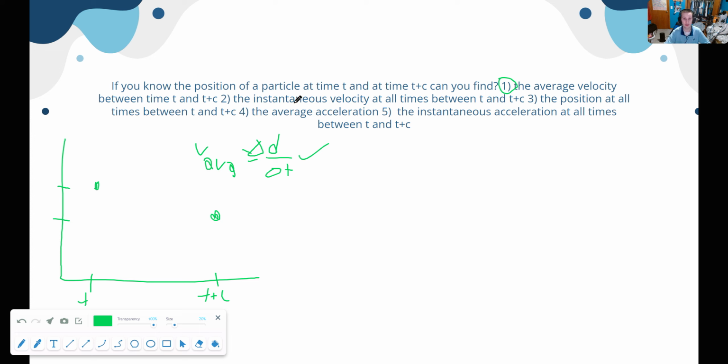The instantaneous velocity at all times between t and t plus c. Well, if you remember, the instantaneous velocity is the tangent line to the path at any particular time. The problem here is that we don't know what the path between these points is going to look like, right? It could be a straight line. It could be an arc. It could be a different type of arc. It could be some squiggly, random, loop-de-loop thing, okay?